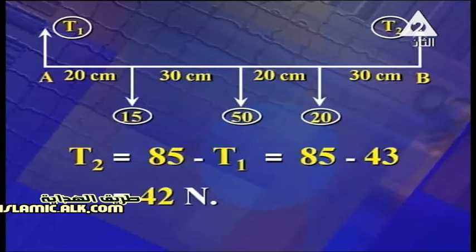We have two tensions: T1 equals 43 Newton and T2 equals 42 Newton. Remember, dear student, T1 plus T2 equals what? 85. When we add 15 plus 50 plus 20, it also equals 85. This is equilibrium.